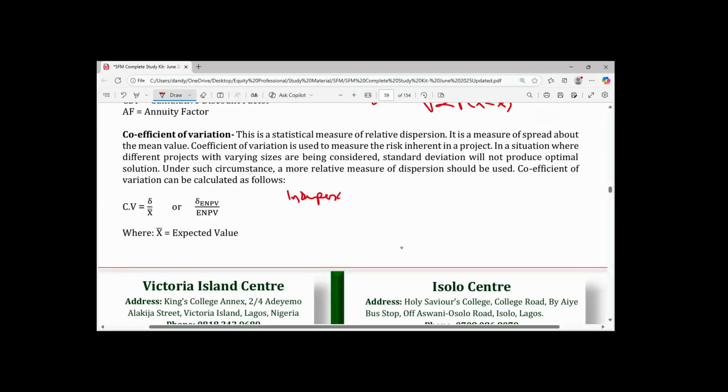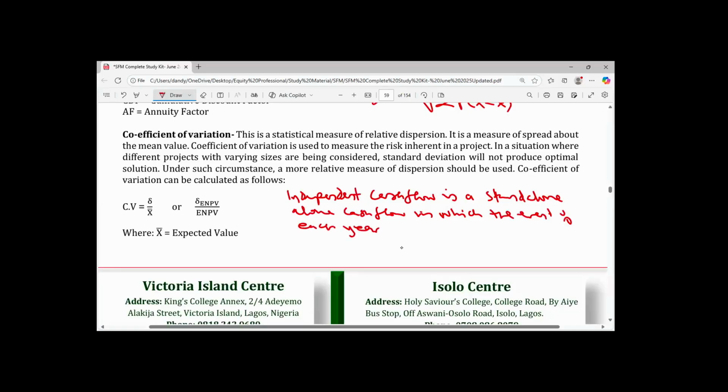Independent cash flow is the one, or it's a standalone cash flow, in which the events of each year are different.